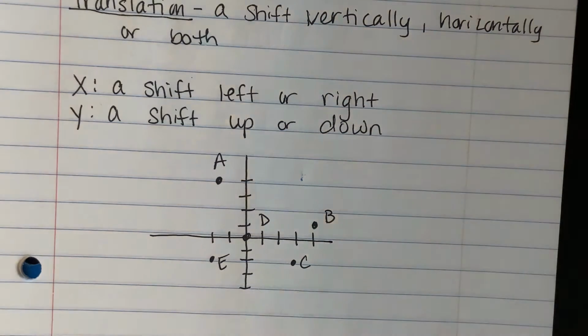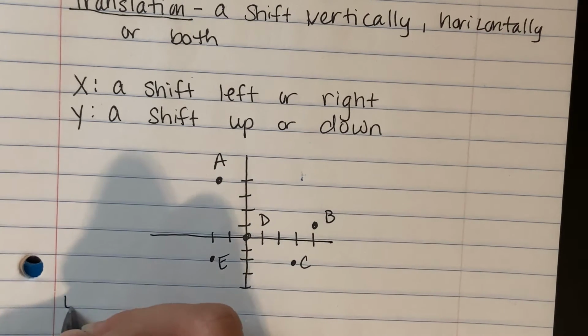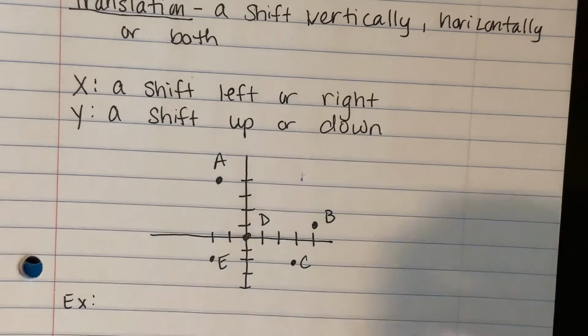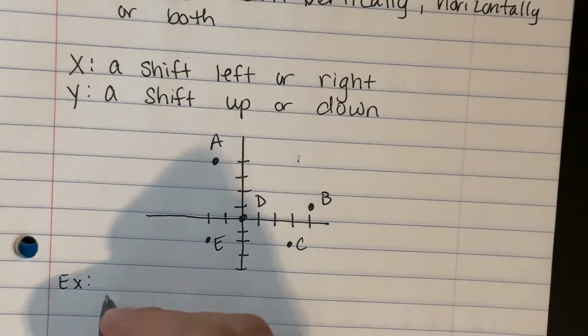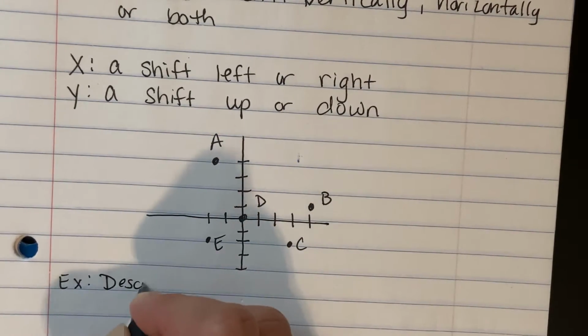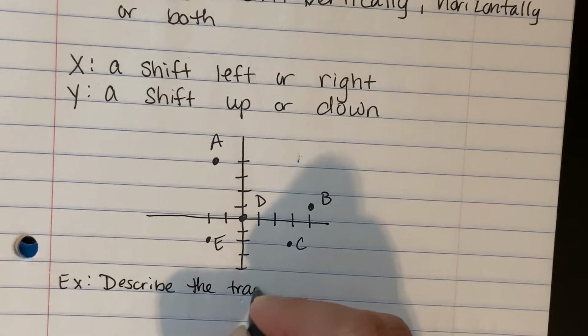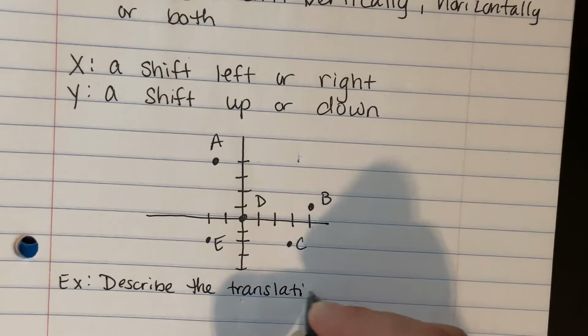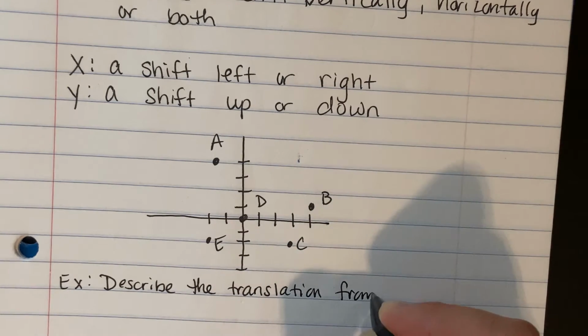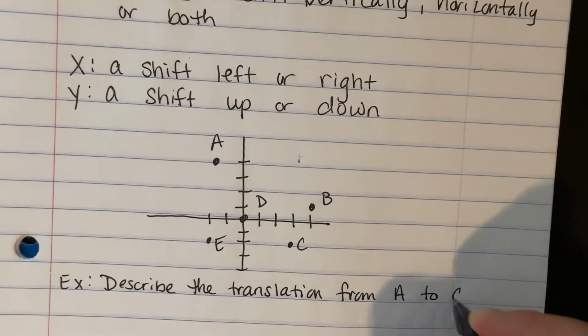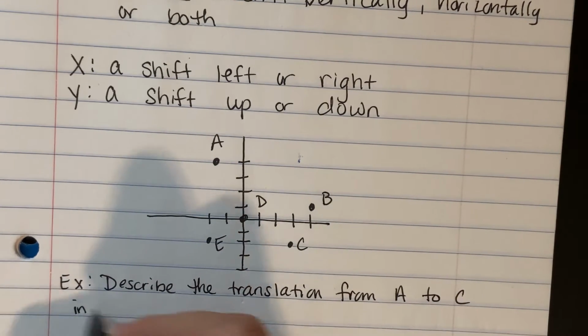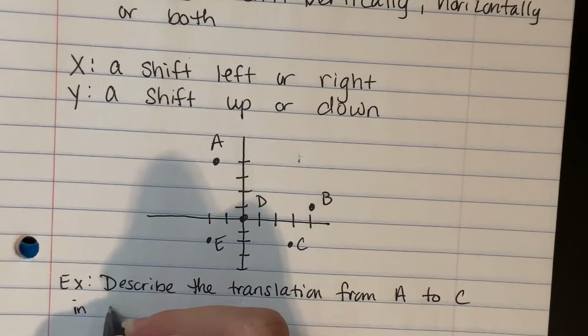What we're gonna do is I'm gonna do examples from here. Example 1 says, describe the translation from A to C in transformation notation.